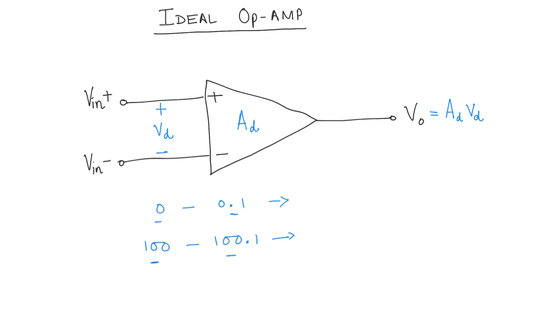In addition, in the ideal op-amp, we assume that this differential gain AD tends to infinity, which means that this differential gain is very, very high. And that is the first assumption, the first parameter, of our ideal op-amp model.